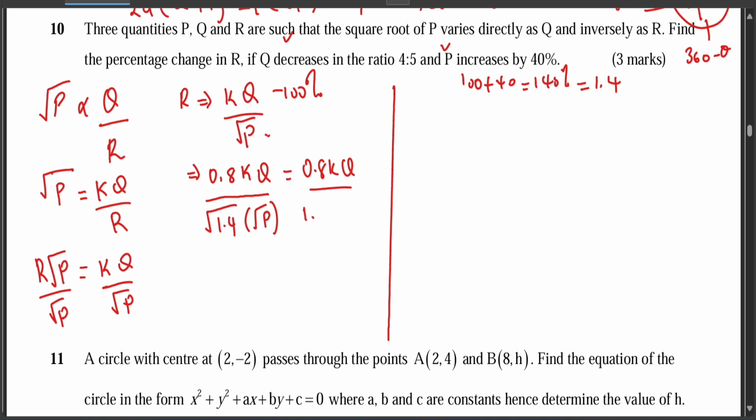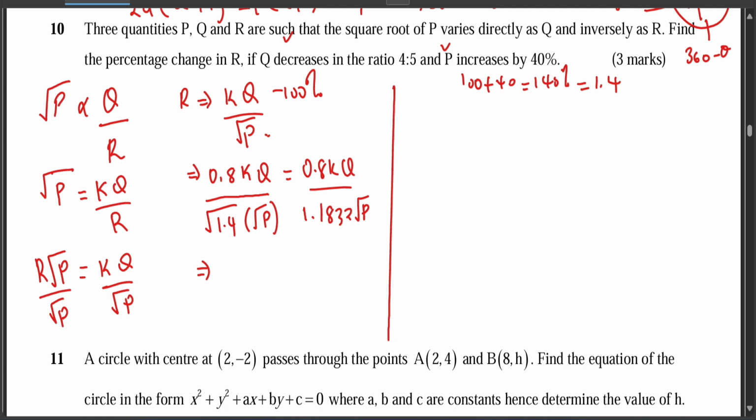So 1.183, say 1.1832. So let's take 0.8 divided by 1.1832.